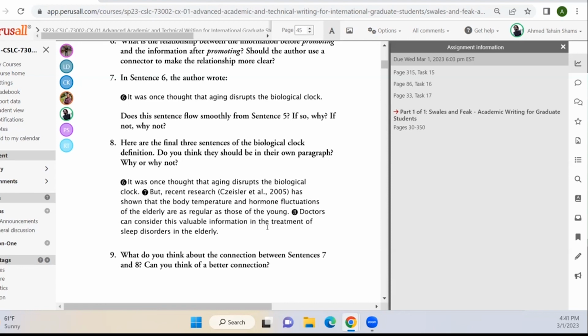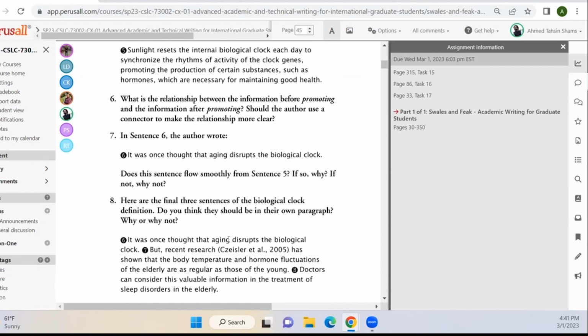It starts defining the biological clock and then moves to how it works in health. Question 6 and 9.